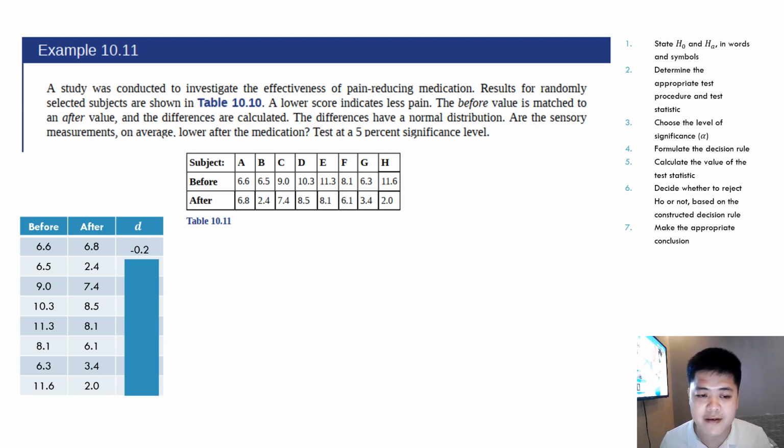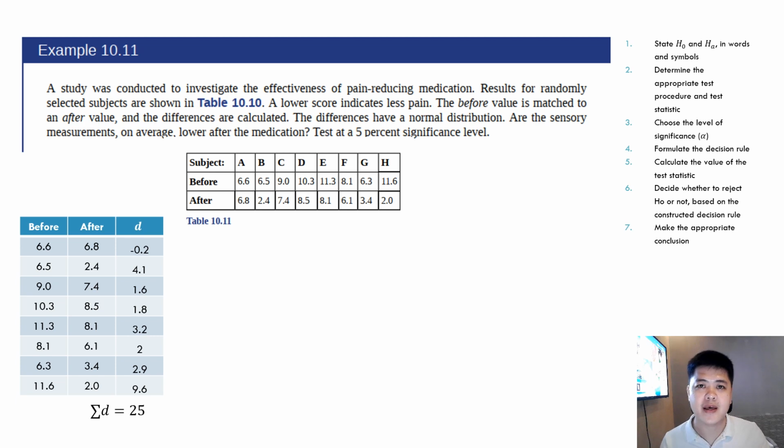You can use your calculator for that, and you'll get the following values. Then you get the sum of everyone. The sum is 25. Now we're ready to compute for d bar, or the mean difference: the summation of d divided by n. We'll get 25 over 8, which is 3.125.